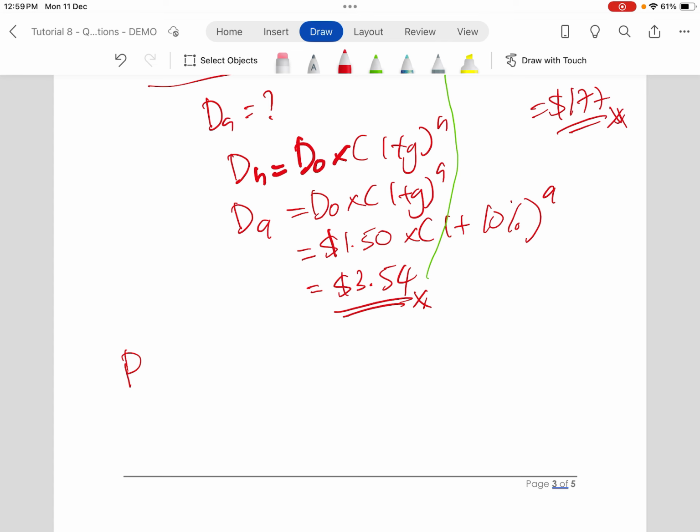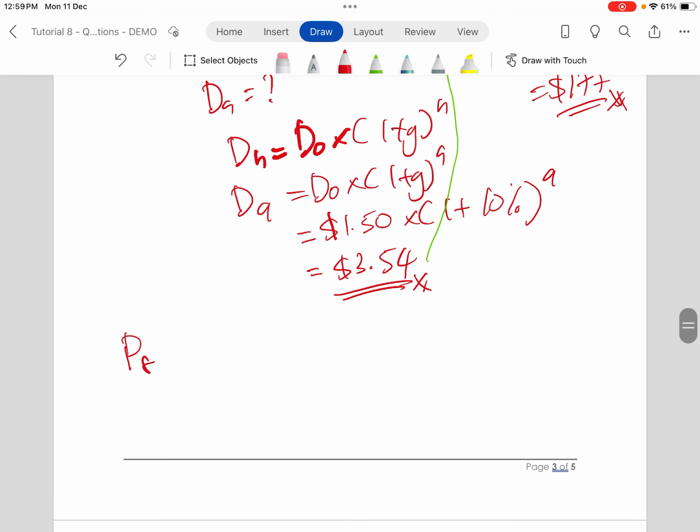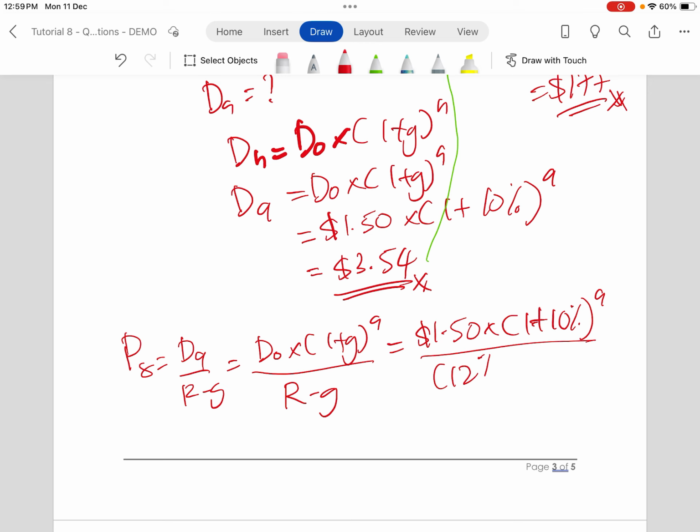P8 equals D9 over R minus g. Basically D0 times 1 plus g power 9, over R minus g. So it's 1.50 times 1 plus 10% power 9, and then 12% minus 10%.